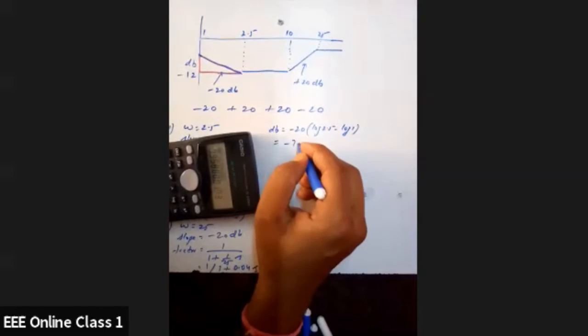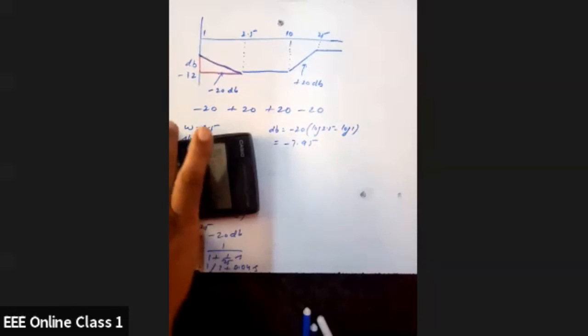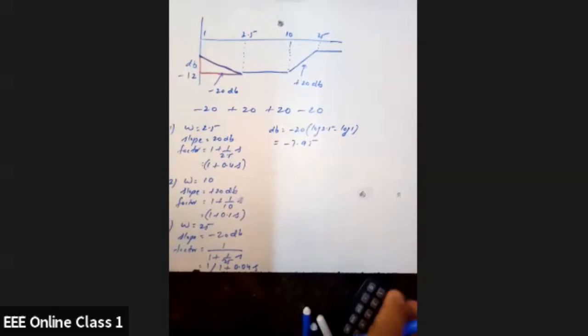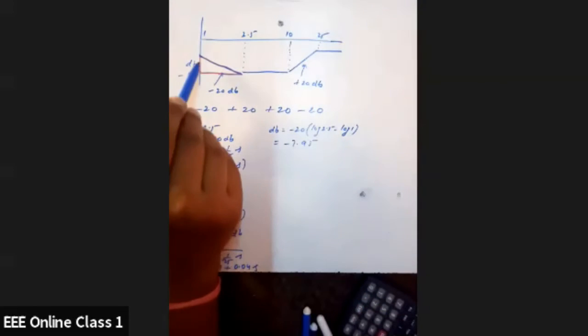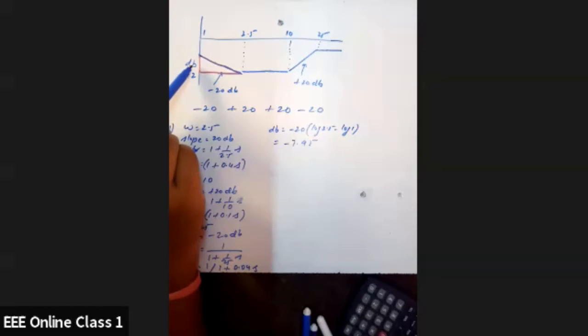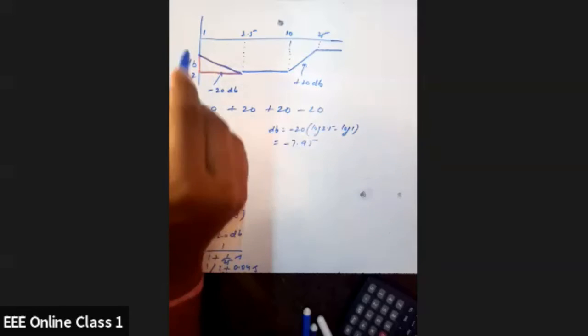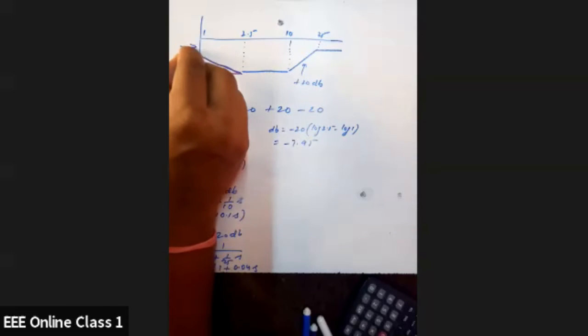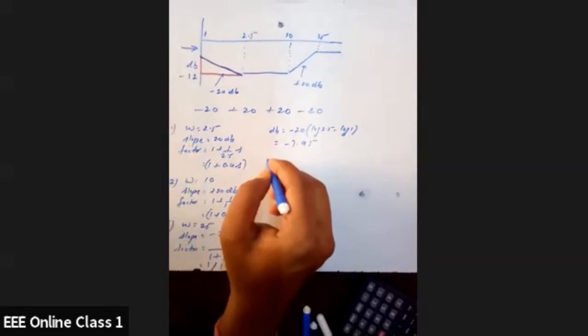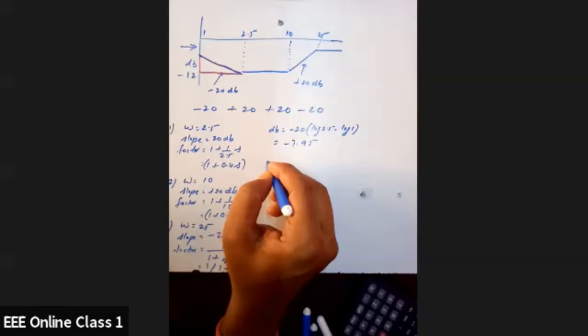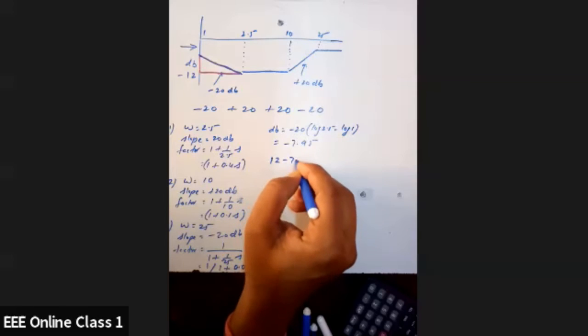So this is 7.95 and the total is 12. So how much is this one? My 12 minus 7.95.